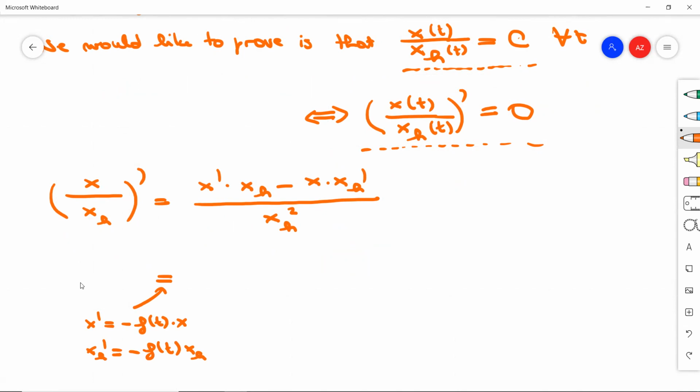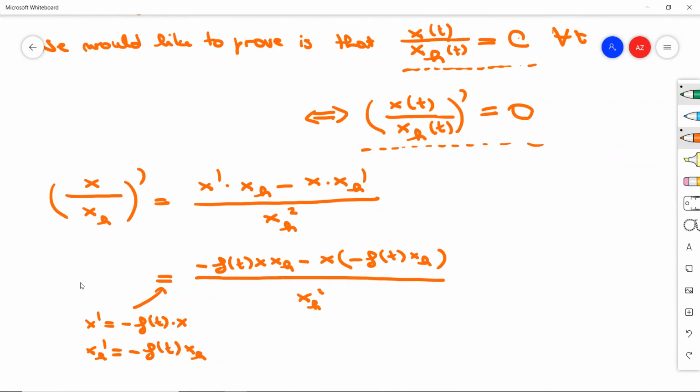And I just plug these two expressions into our quotient, and we will see that everything cancels out. So we get minus f(t) x x_h, and then minus x times minus f(t) x_h, over x_h squared.